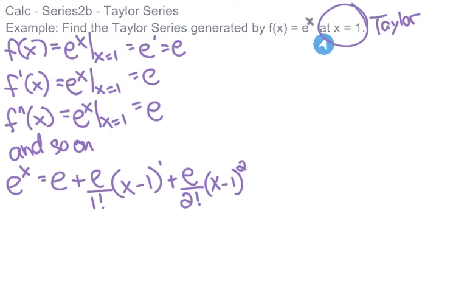And remember, this is centered at x equals 1, so we have a transformation, a shift to the right of 1, which means we're writing in the x minus 1 format. And then we have our next term, which is e over 3 factorial, x minus 1 cubed. And that goes on forever.